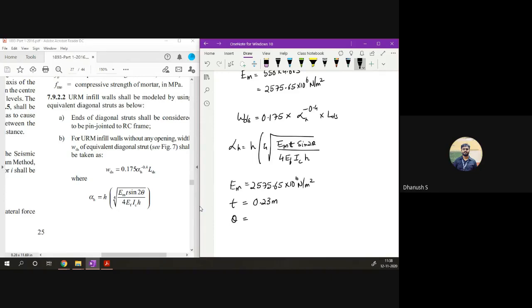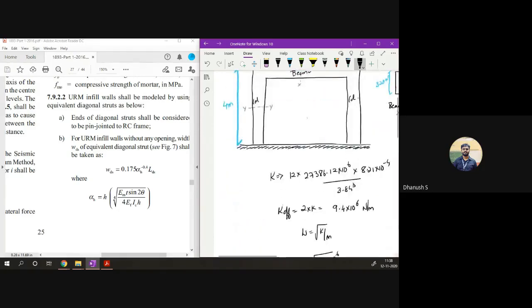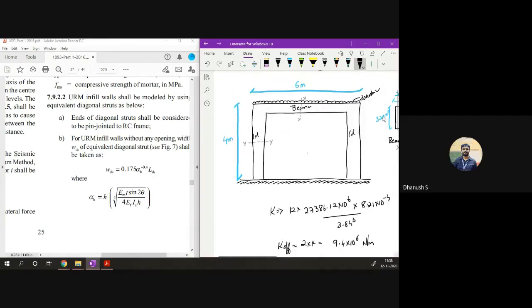How do we get the value of theta? Two things you need to remember when calculating: it is only for the dimension of the wall. You cannot take the dimension of the beam and column together. So when we calculate this angle, we need to consider only these dimensions.